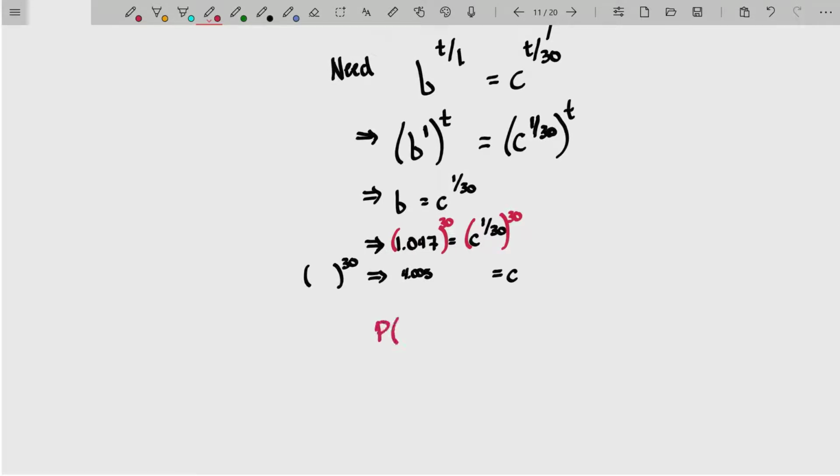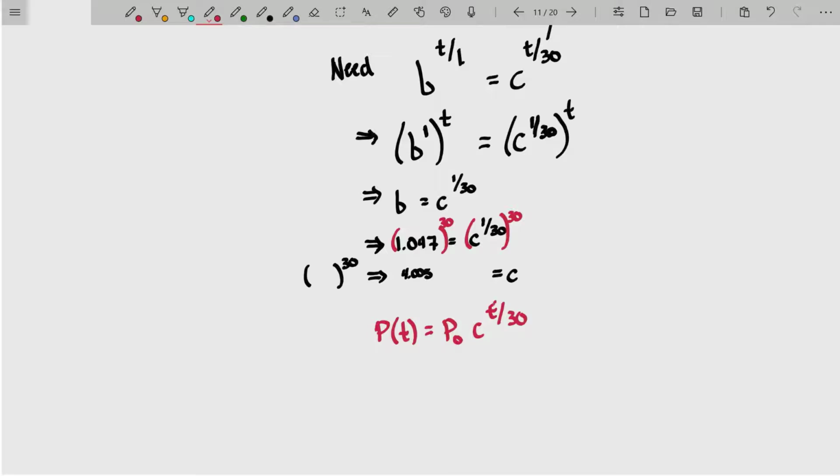We had some population function where we had an initial population, doesn't really matter, and then c to the t over 30. That is, after every 30 days, we multiply by c. So that's our monthly growth factor. It takes 30 days to get all of c, right?